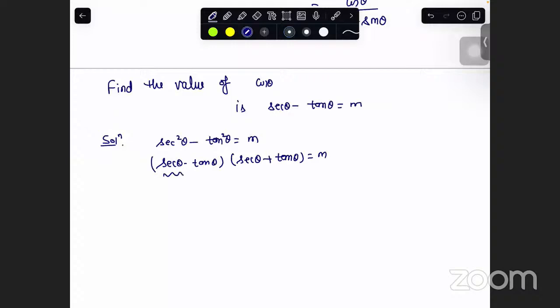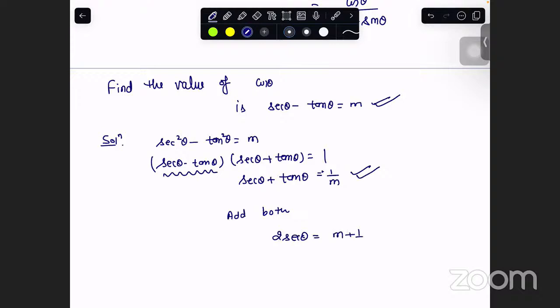So if sec theta minus tan theta is m, then sec theta plus tan theta will be 1 upon m. Got it? Now using this equation and this equation, can't you find the value of sec theta? So if I add both of them, 2 sec theta is m plus 1 by m.